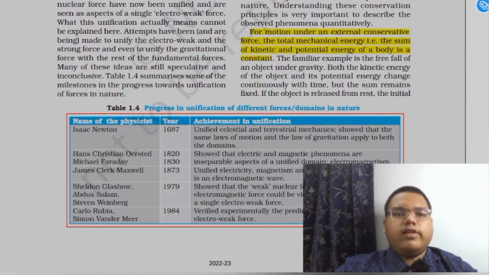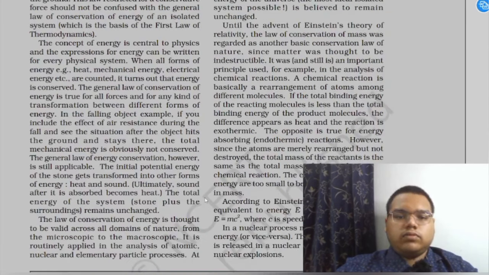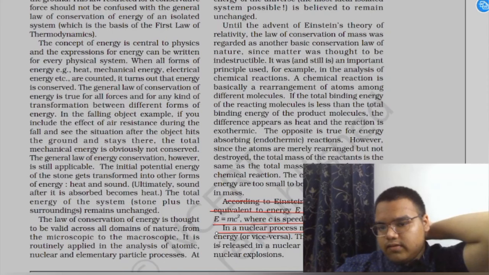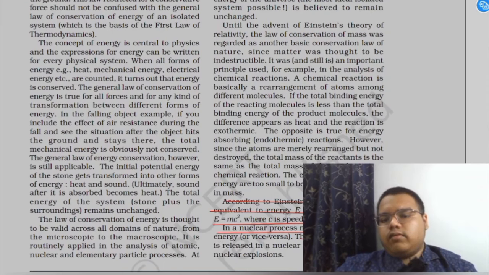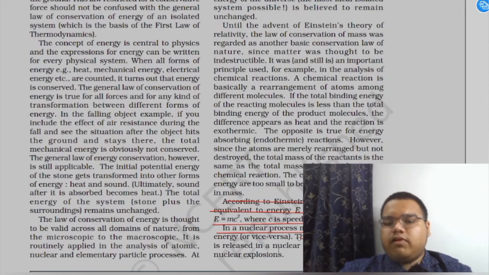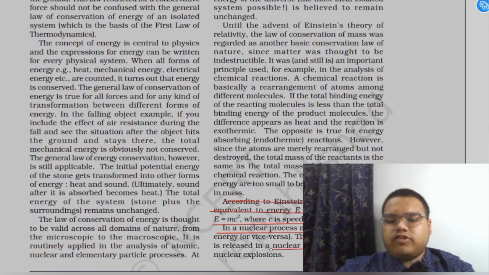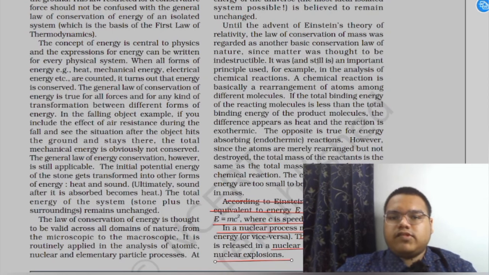So this will never change in its life. In this part, Einstein's theory suggests mass is equivalent to energy as E equals mc squared, where c is the speed of light in vacuum. In nuclear processes, mass gets converted to energy and vice versa. This energy, which is released, can be used in nuclear power generation and nuclear explosions, as in nuclear weapons.